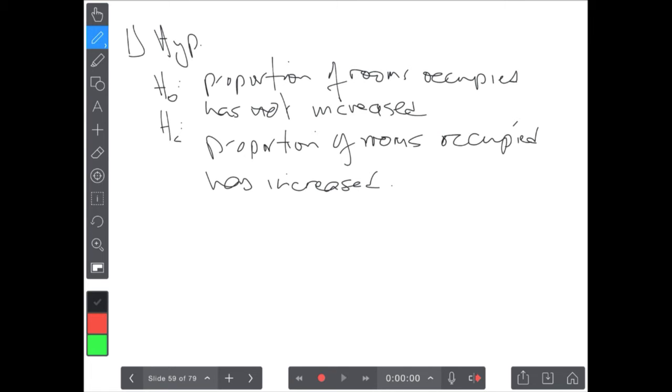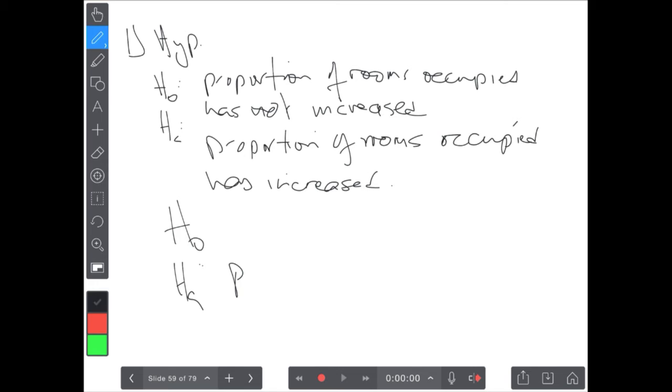Well, if the proportion of rooms occupied has increased, then we're supposed to be able to show that the current year minus the previous year should be greater than or equal to 0. Sorry, it should be greater than 0. So let's call year 1 the previous year and year 2 the current year.